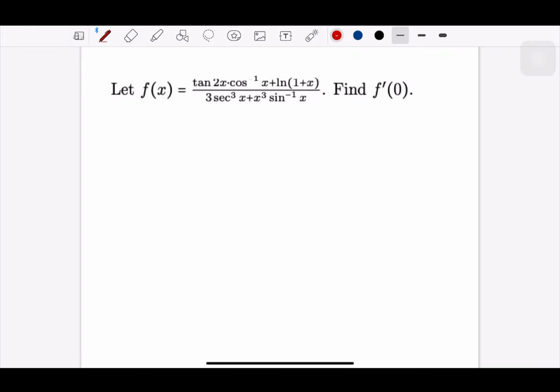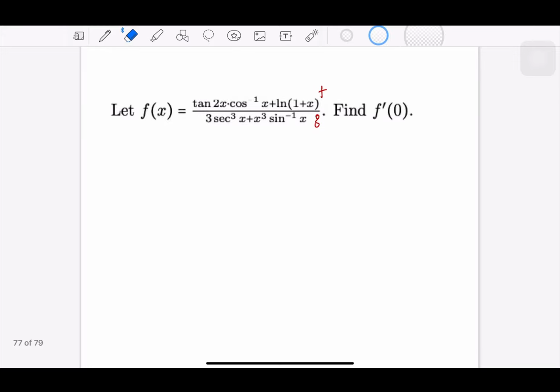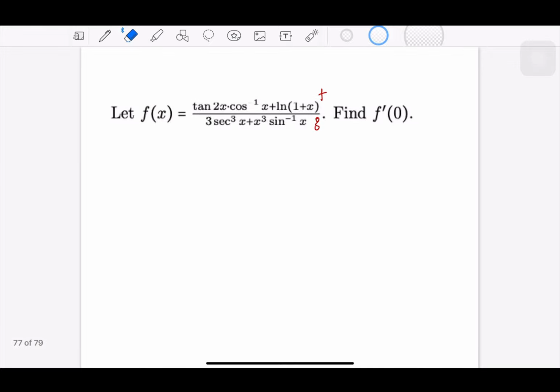If you try to find f prime of this, this will be crazy, right? So let's try not doing that. We need to think of another way that is more possible.